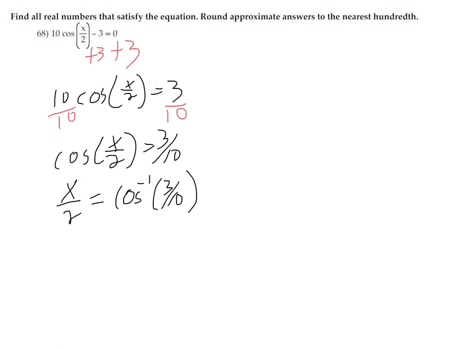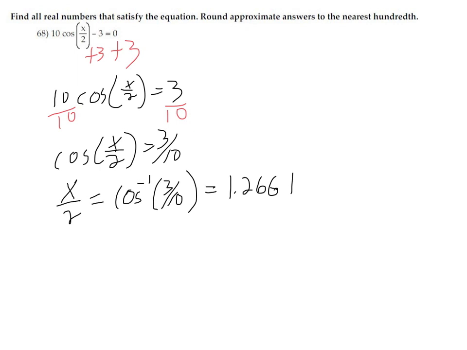I don't want to do the whole thing that the calculator gives me because that's so much. But I get out of this, calculator gives me 1.2661. So I want to make sure that I have plenty of decimal places so that when I'm done with all the steps, I can round to the nearest hundredth and know that it's right.